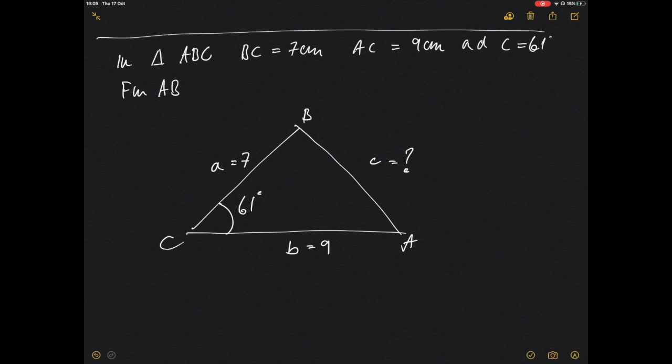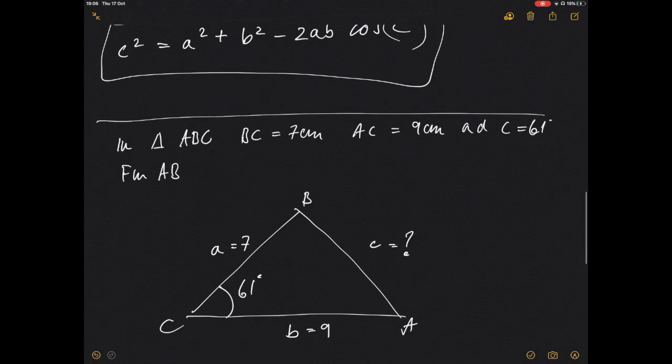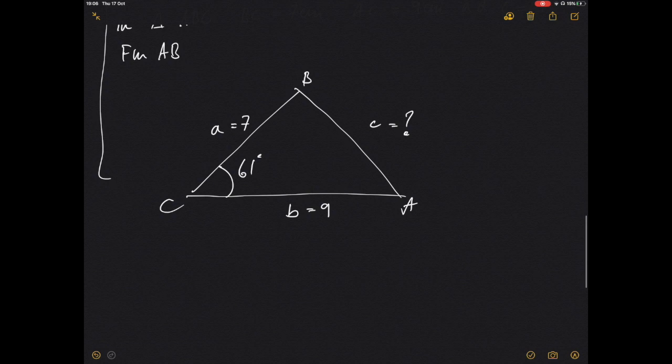Okay, so we go back to our equations, and all we see is we want c squared equals a squared plus b squared minus 2ab cos c. That comes down there, and we just throw all this stuff into the equation.